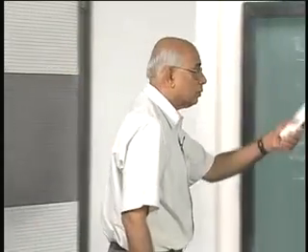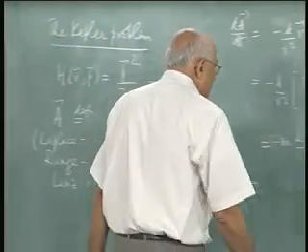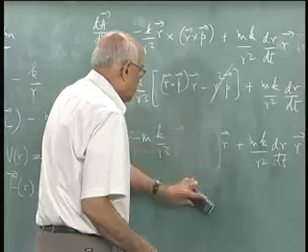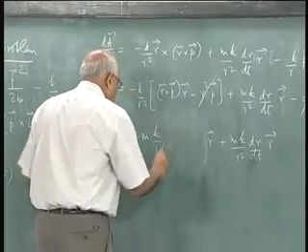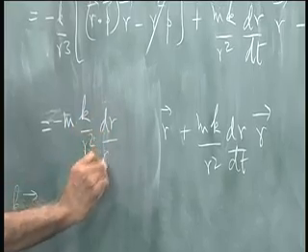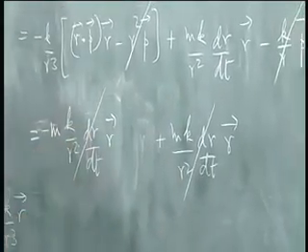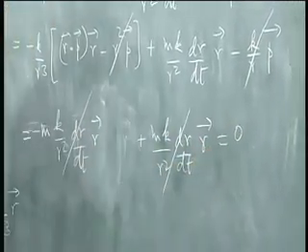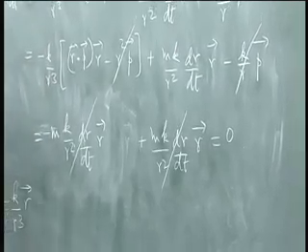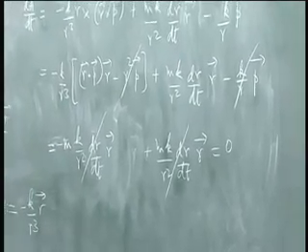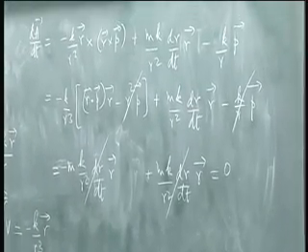It's a very very useful identity, and then immediately you realize this is equal to r dr over dt, and you remove one of the r's, you get here, and this cancels that, equal to 0. So indeed this A is a constant of the motion, therefore it remains unchanged in both direction and magnitude.